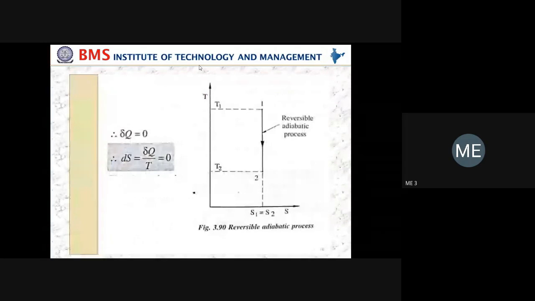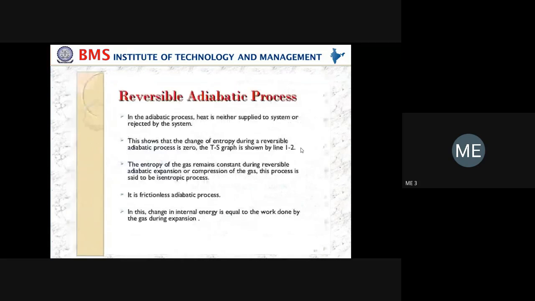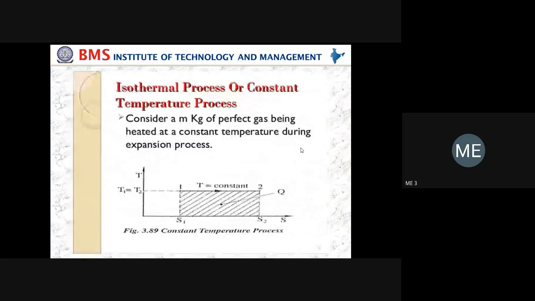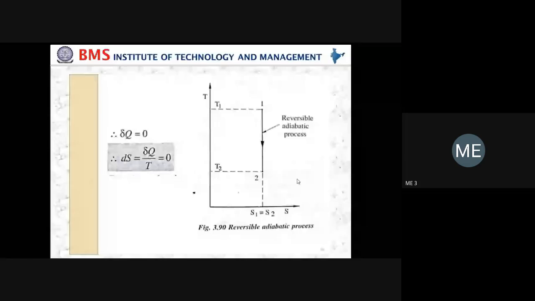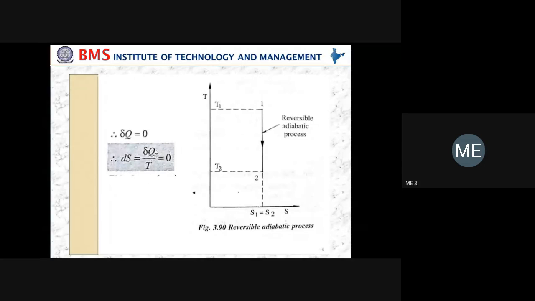The adiabatic process is nothing but the process in which there is no heat transfer at all. This is the nature of the curve. Remember, the constant temperature process is represented by a horizontal straight line, and here the adiabatic process is represented by a vertical straight line. How do we get the vertical straight line? We know that dS is dQ by T, so you apply the standard formula. dQ is 0, meaning there is no heat transfer for an adiabatic process, so dS is 0.